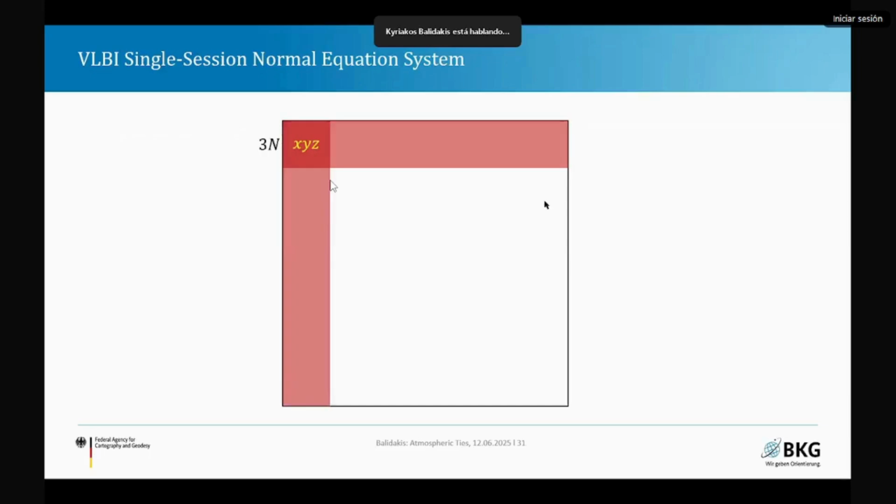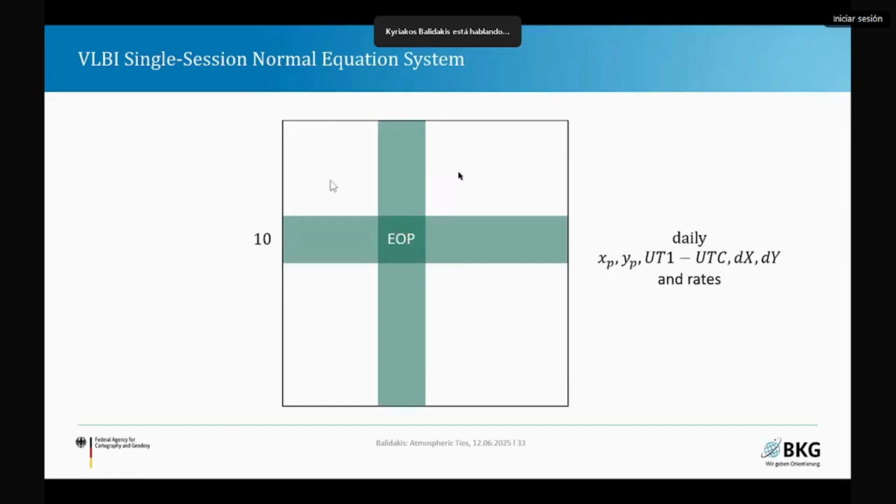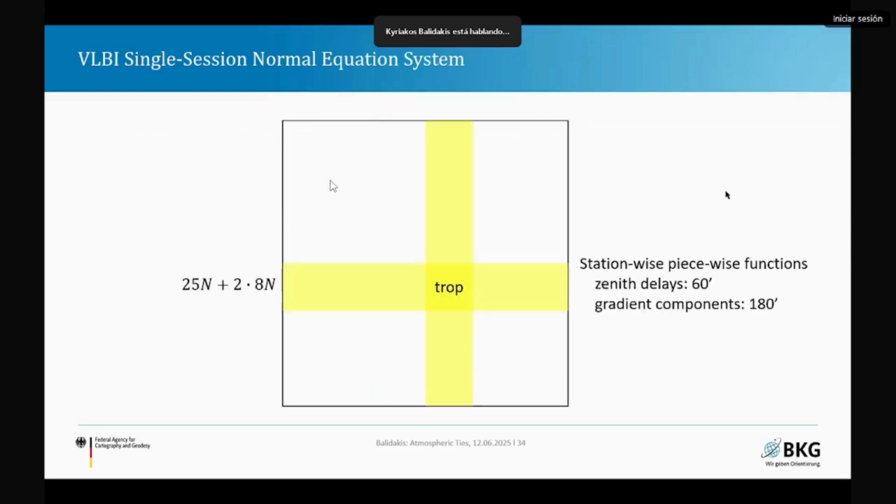Our normal equation will be populated by a block with station coordinates, another block with the right ascension and declination, the coordinates of these extragalactic radio sources. Then we have Earth orientation parameters: polar motion, UT1 minus UTC, length of day, precession nutation, celestial pole offsets. Then we have the tropospheric delays we discussed before, zenith delays and gradients.